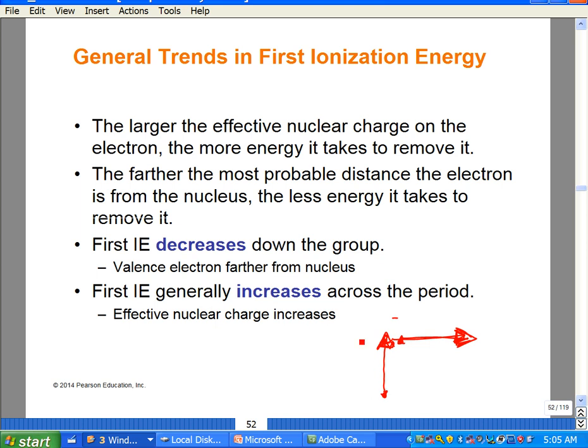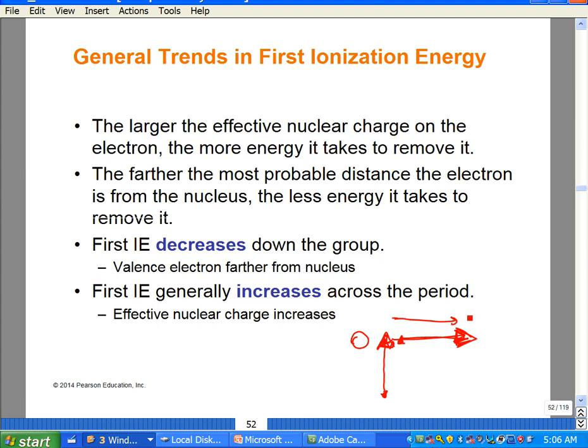The reason it's largest toward the top of a group is that you have fewer energy shells. Therefore the electrons are drawn more closely toward the nucleus and they're more difficult to pull away from the nucleus.